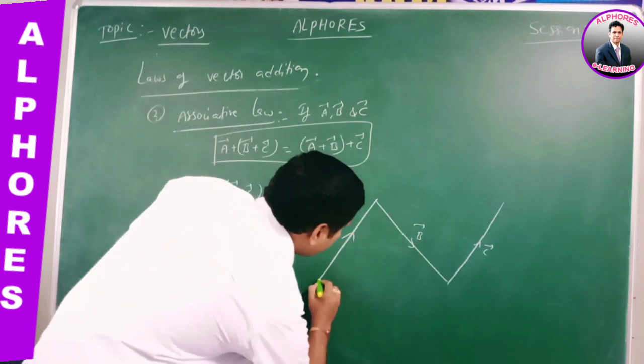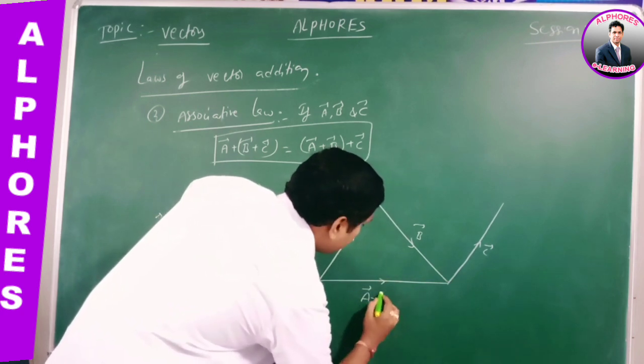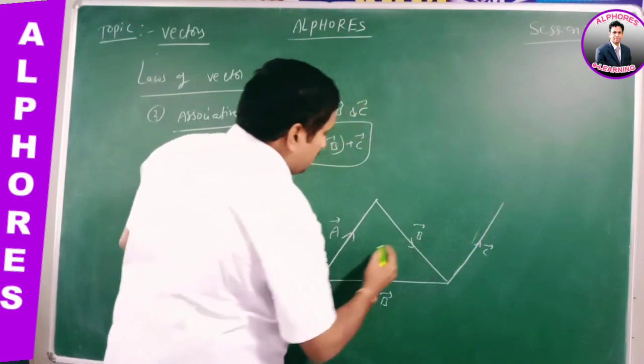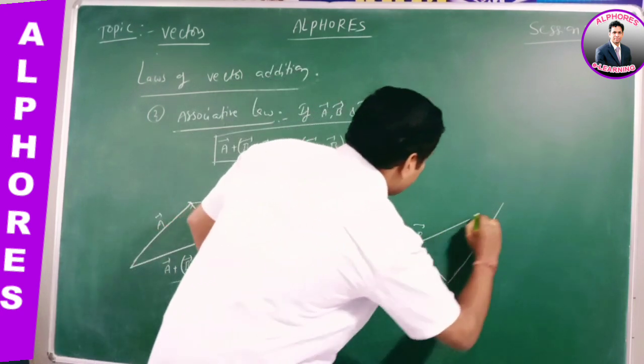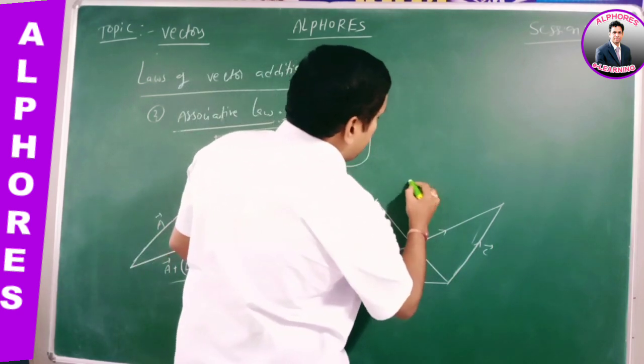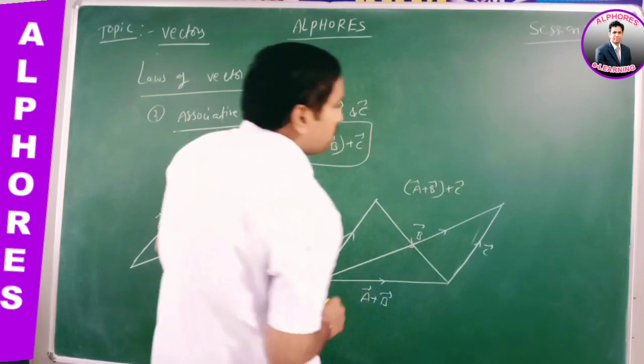So this gives a bar plus b bar. This a bar plus b bar is added to c bar, and this one is the resultant, which is nothing but (a bar plus b bar) plus c bar.